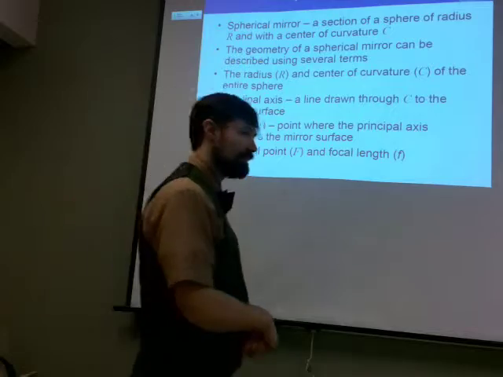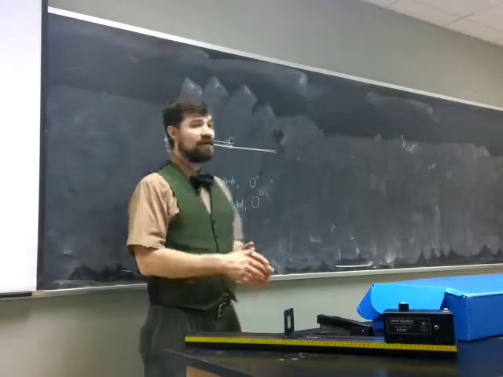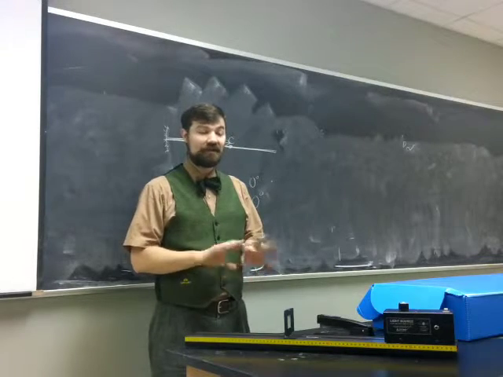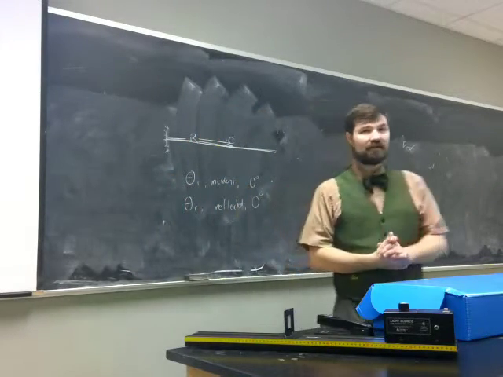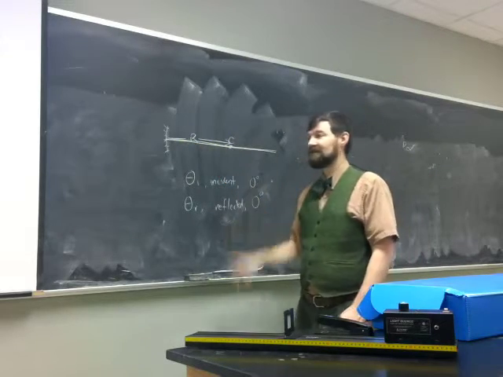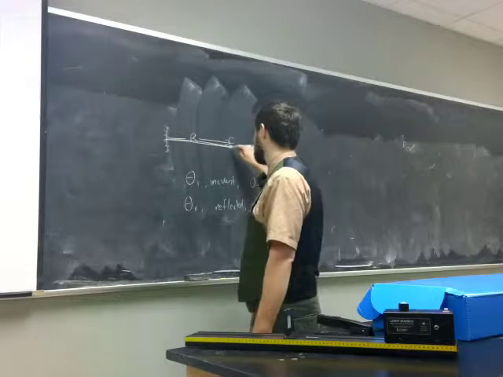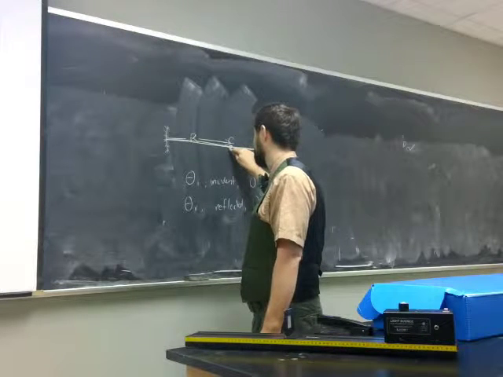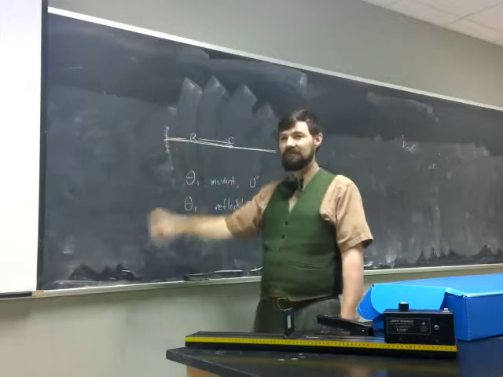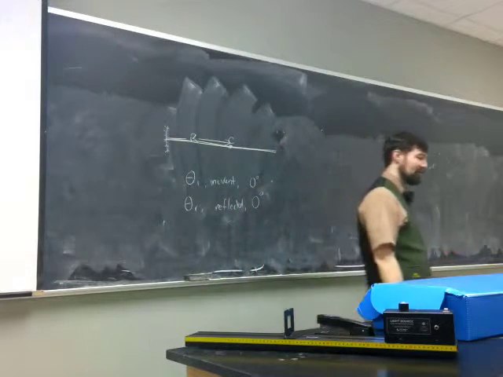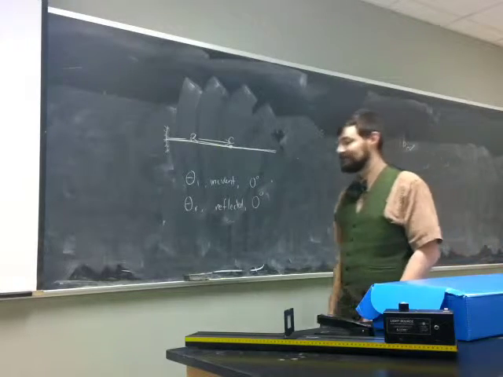All right, so the principal axis has the property that a ray which travels along the axis, not parallel to it, but actually along it, will reflect back along the same path that it came in from. It is defined as the ray that goes through the center of the sphere to the vertex, or to the point where a radial line would touch the mirror.